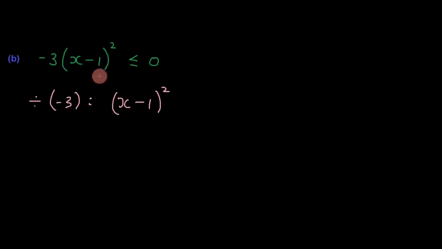And when we divide an inequality through by a negative number, the inequality sign will switch around. So it's going to be greater than or equal to 0. Of course, 0 divided by negative 3 is 0. So we end up with x minus 1 all squared must be greater than or equal to 0.